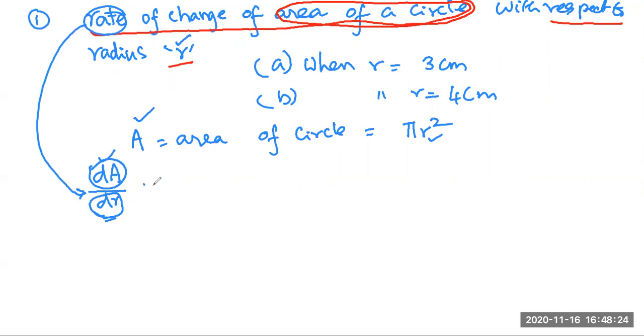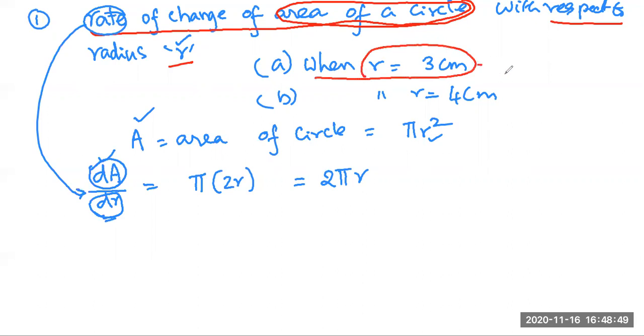I'm differentiating A with respect to r. So pi, and for r square it is 2r. That's the differentiation, so you get 2 pi r. Earlier we used to do only this much: we differentiated and stopped. After differentiating, now we should see, he said when r is equal to 3 centimeters.